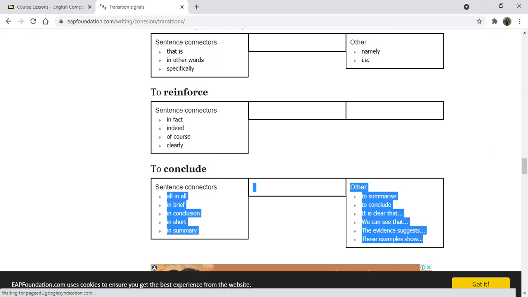Types of transition signals. We have about 13 types of transition signals.